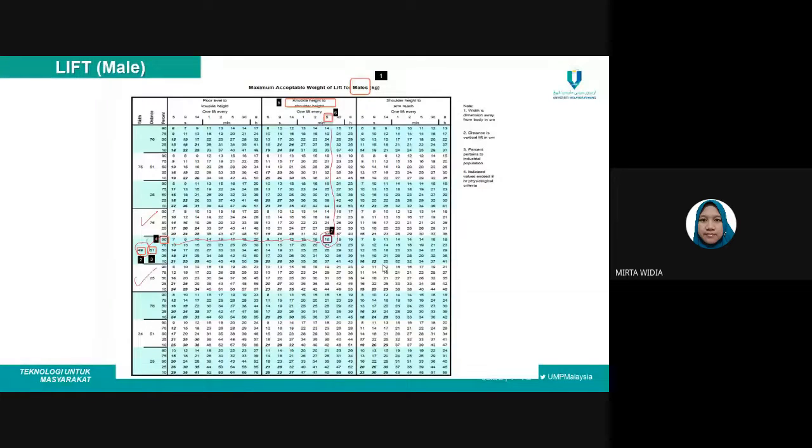Compared to floor level to knuckle height, which is still minimum, that is why we need to choose the knuckle height to the shoulder height. So we look for the worst scenario but closer to the actual condition. Okay, so this is the Snook table.